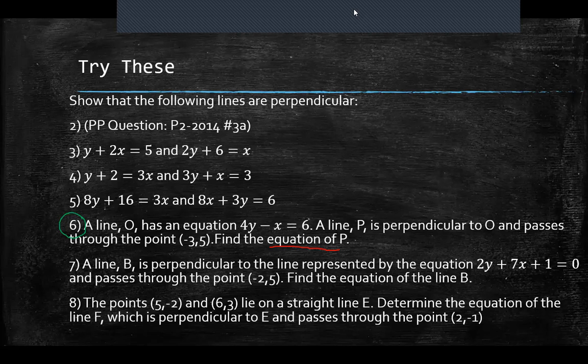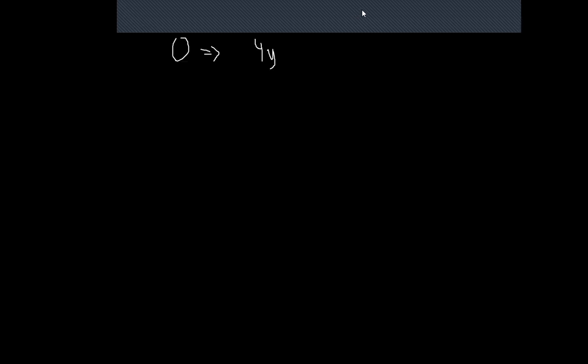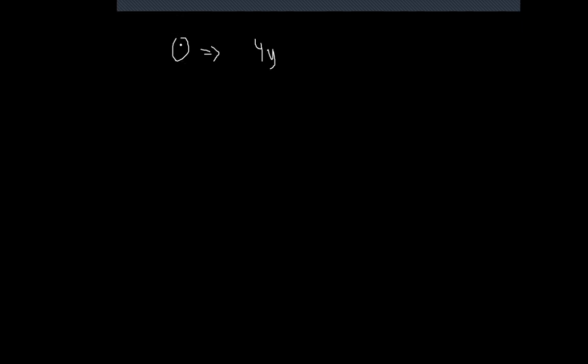We told you line O has an equation. So remember the first thing you want to do when given any question, just write down all the info that they give you. They told you a line O has an equation 4y minus x is equal to 6.